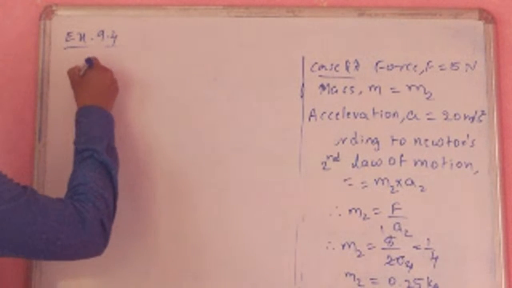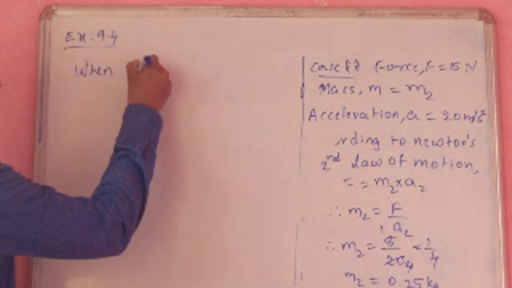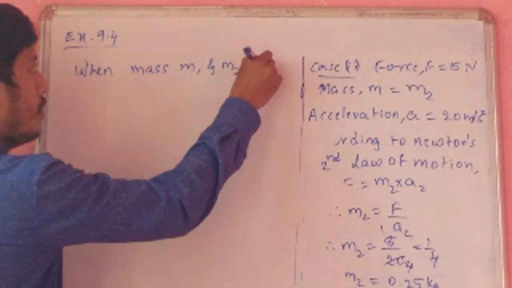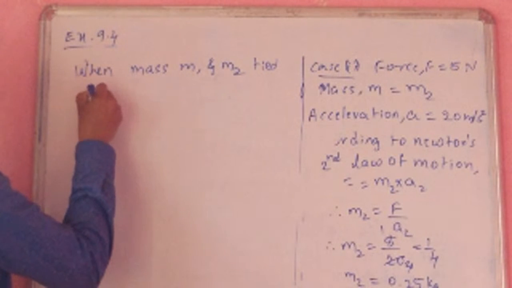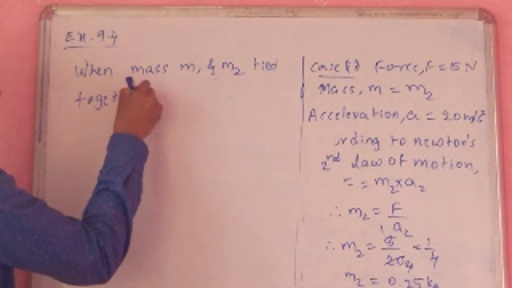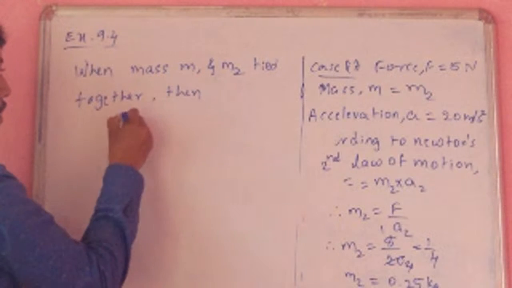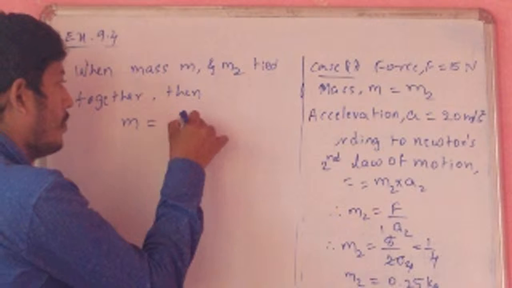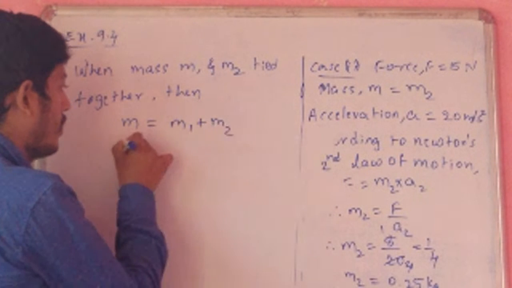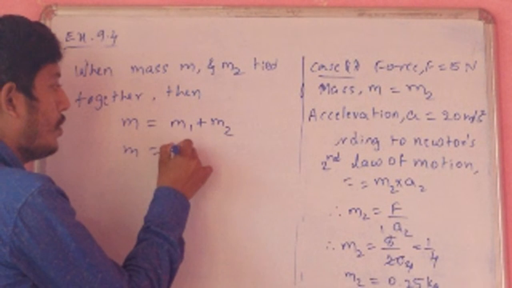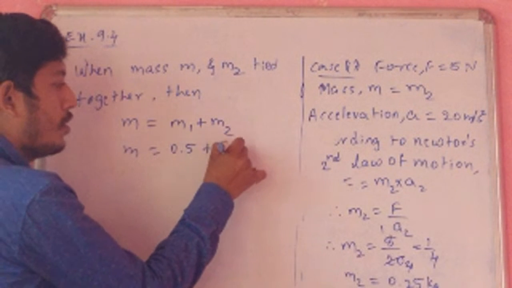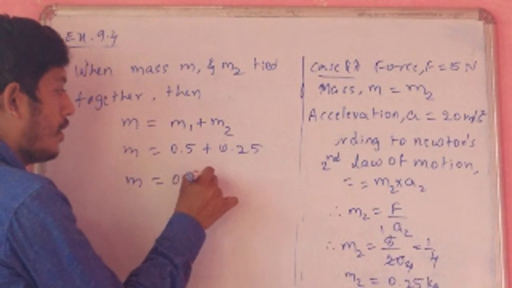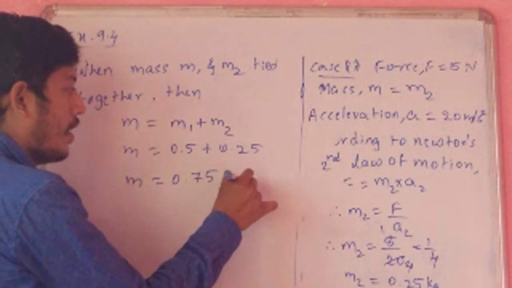When mass m1 and m2 are tied together, then m becomes m1 plus m2. m1 value is how much? 0.5 kg, m2 value is 0.25 kg, and therefore m value becomes 0.75 kg.